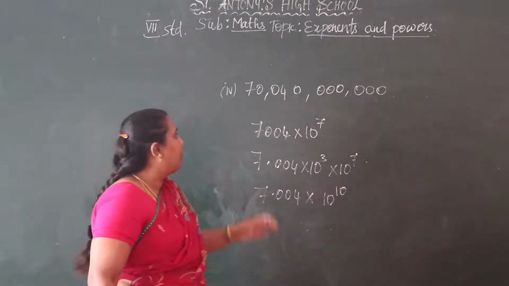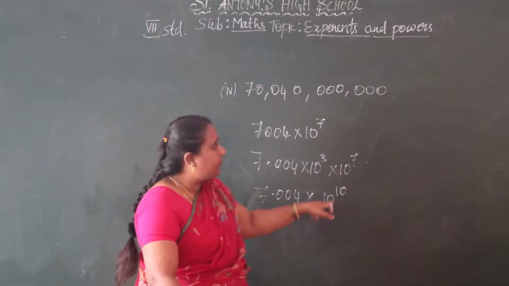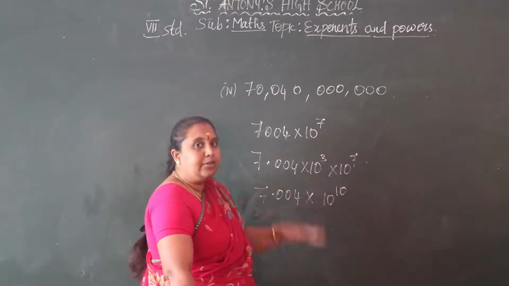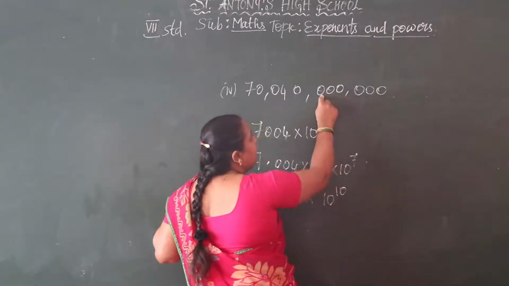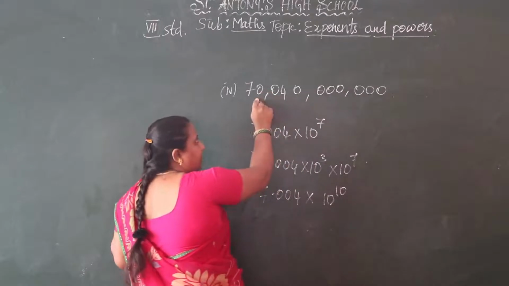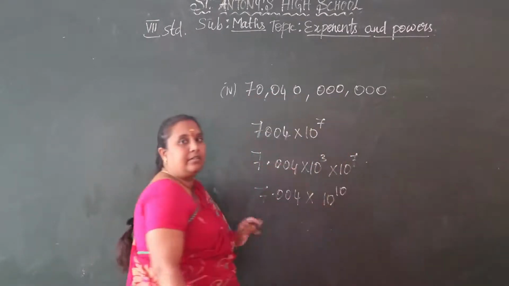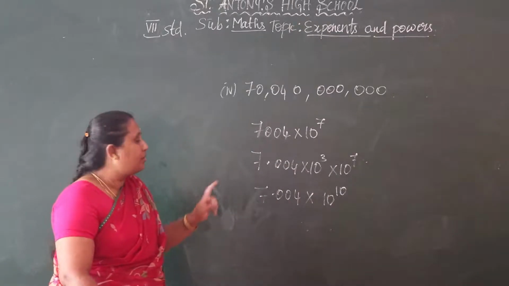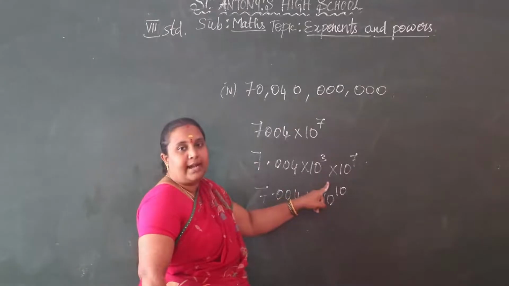The standard form of the given number is 7.004 into 10 to the power of 10. See, once again we calculate: 1, 2, 3, 4, 5, 6, 7, 8, 9, 10. Okay, children, understood? So this is 7.004 into 10 to the power of 10.